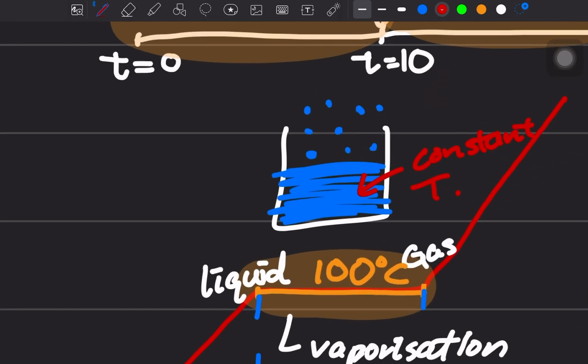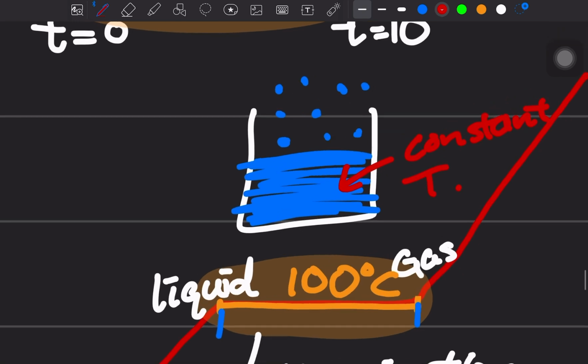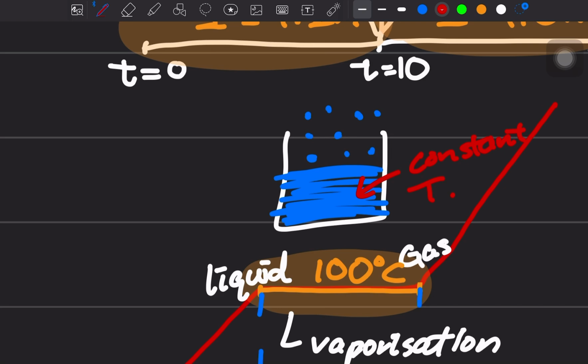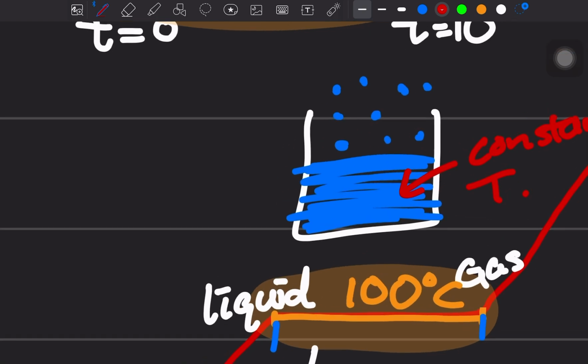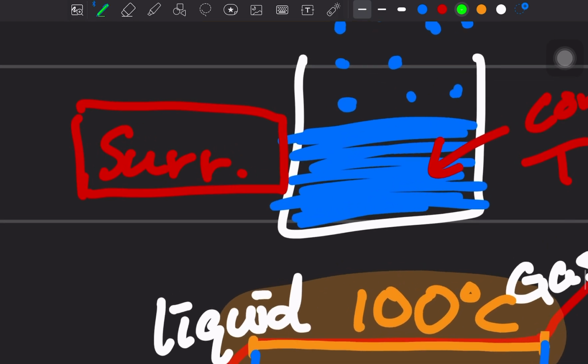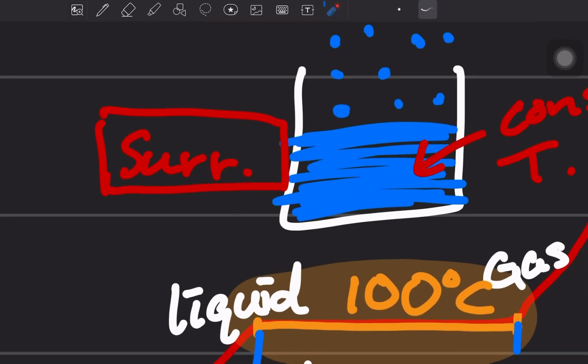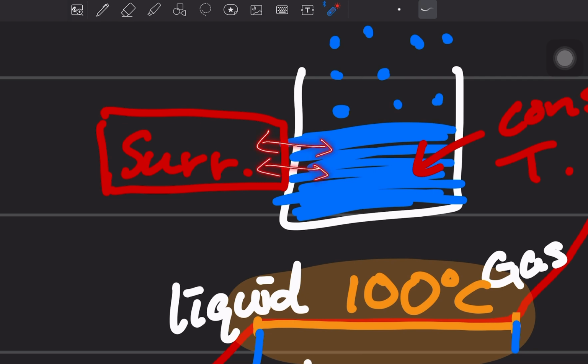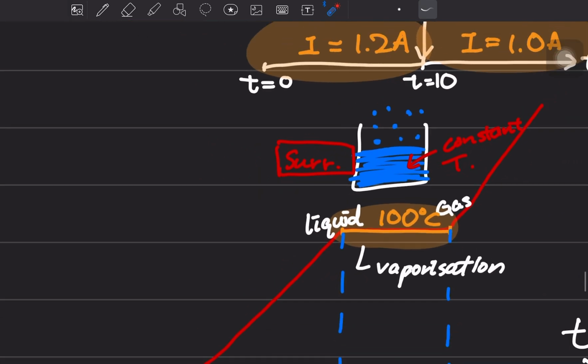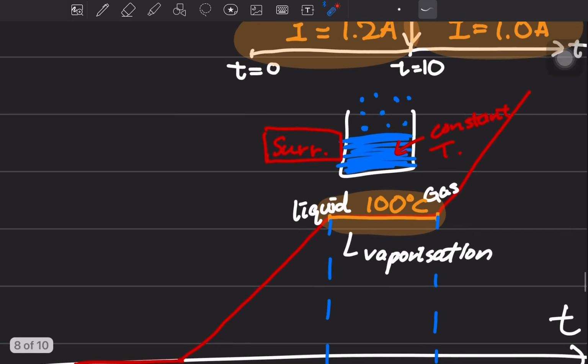If the temperature of the system is constant, let's just say that it has already established an equilibrium with the surrounding. The thermal transfer is going both ways equally right now because it has reached thermal equilibrium. Well, then if the water has not changed its temperature, obviously the surrounding also doesn't change its temperature, right?